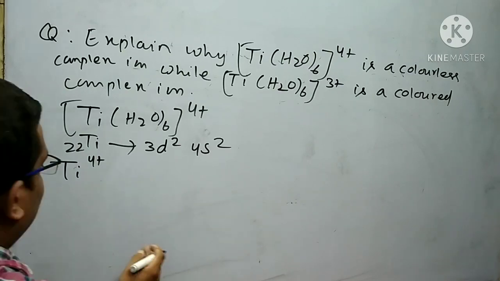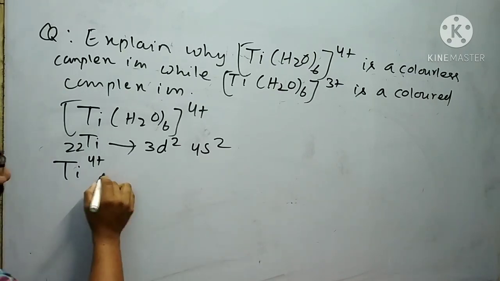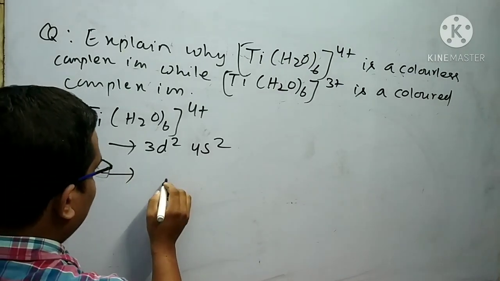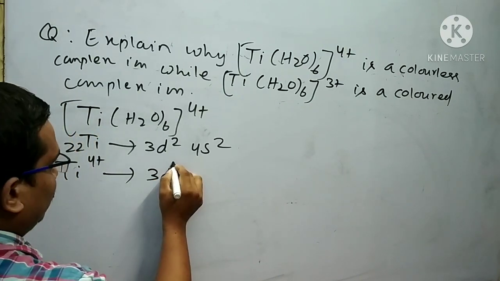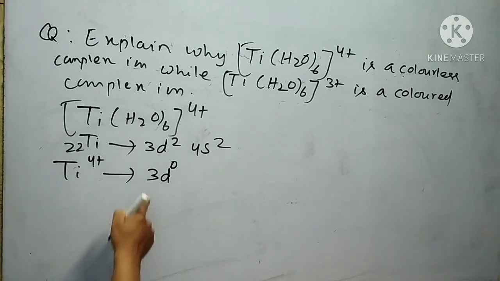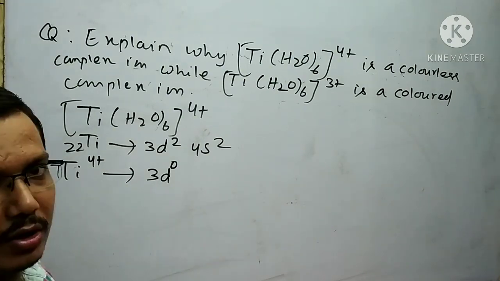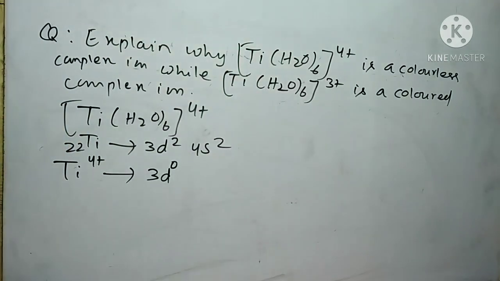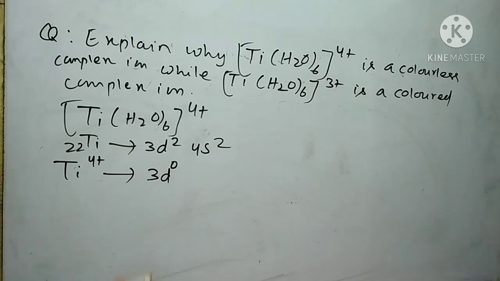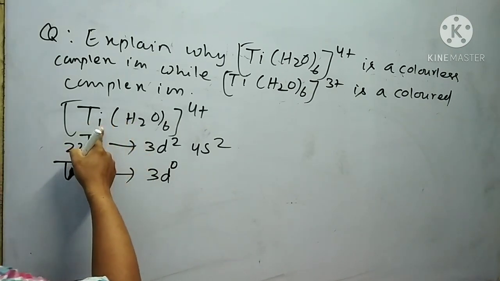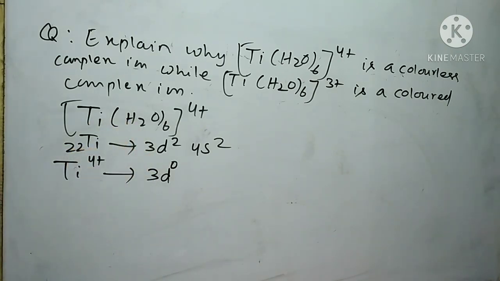If you think about the electronic configuration of Ti4+, then the electronic configuration is 3d0. Look at that. In case of Ti4+, there is no unpaired electron. That means there is no possibility of d-d transition. As a result, the complex ion [Ti(H2O)6]4+ is a colorless complex ion.